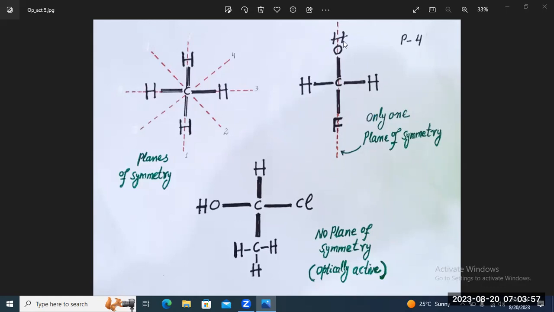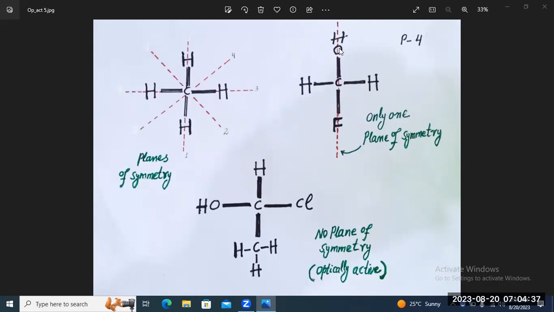Come here in this example. Here the carbon has two same atoms, that's our hydrogen, but this group, OH group, and this atom, they are different. But still, this molecule contains a plane of symmetry. You can see here, this is the plane of symmetry. You can cut this molecule from fluorine to carbon to O to H equally.